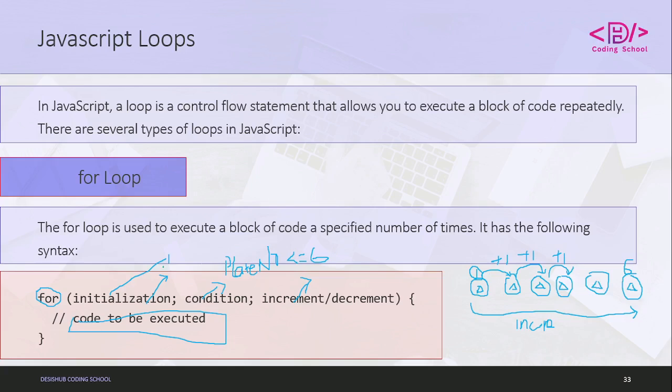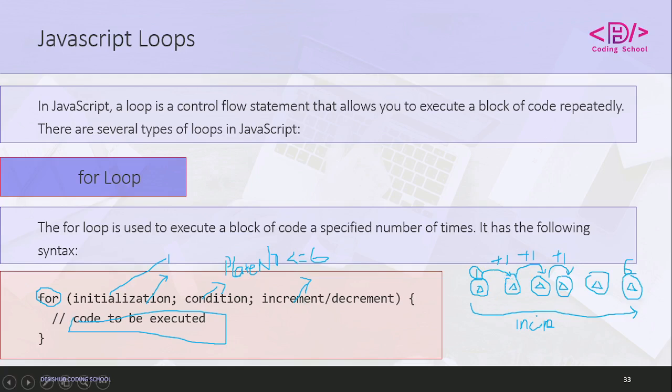In the first place, you initialize: where am I going to start from? You start from plate number 1. What is the condition? You keep on checking if the plate number is still less than or equal to 6, and if so, you put a slice of cake on the plate, and then increment to go to the next plate, like that.